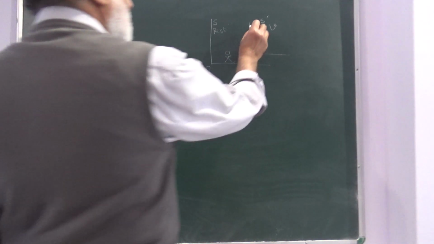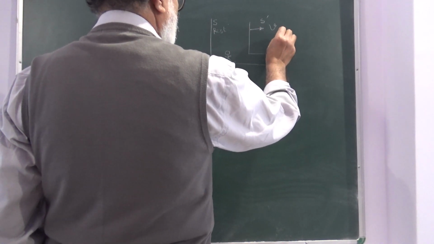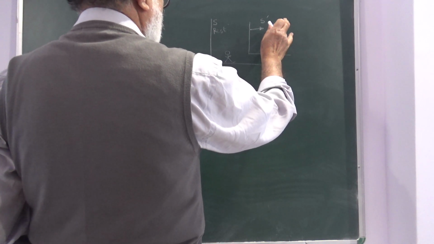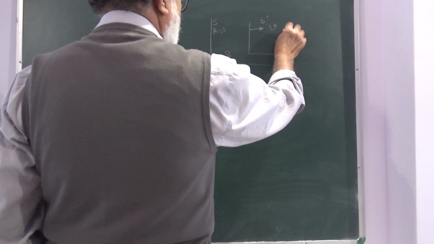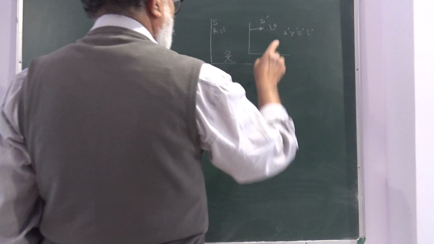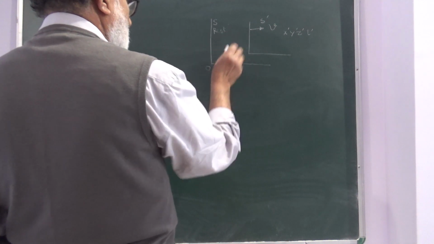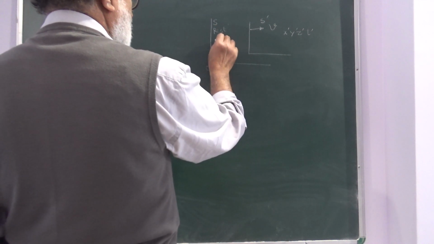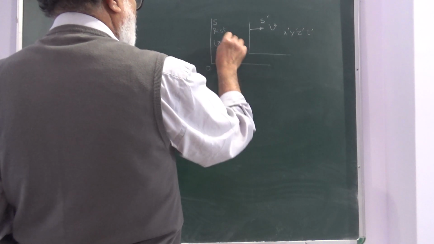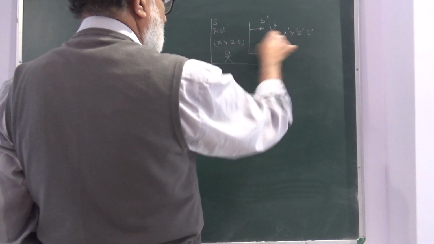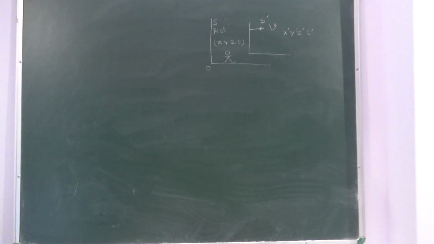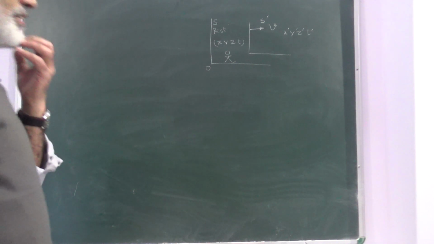The coordinates and time measured here for a particle are x dash, y dash, z dash, t dash, and the coordinates of the same point measured with respect to the S frame are x, y, z, t. We can find a transformation relation between these two, and this is called the Lorentz transformation, which we have worked out earlier.